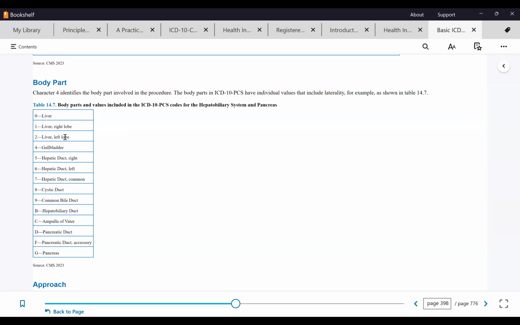Note that there are also things like the hepatic duct right, hepatic duct left, hepatic duct common, cystic duct, common bile duct, and so on. So it's really important to get the right code that you look for this fourth character in the procedure note. It will describe what was done and how it happened.